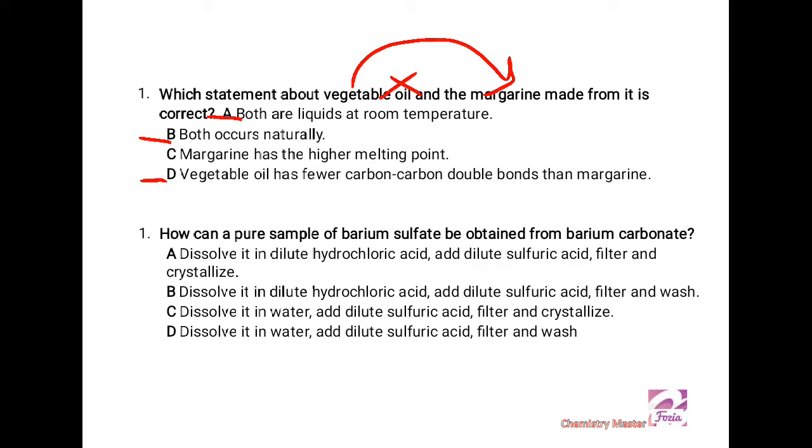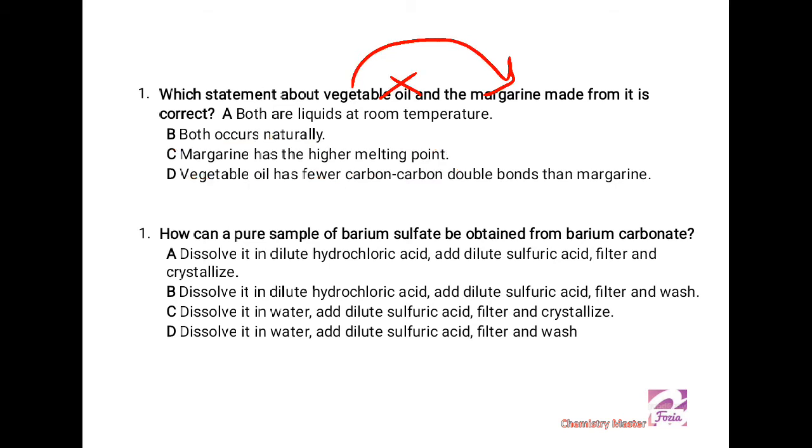No, vegetable oil is comparatively higher in unsaturation because of having a greater number of double bonds in it. So we are left with C only now, and that is margarine has a higher melting point because the oils are liquid at room temperature and margarines are solids.